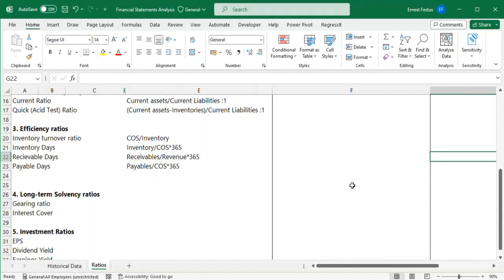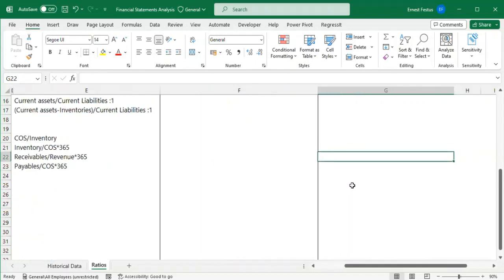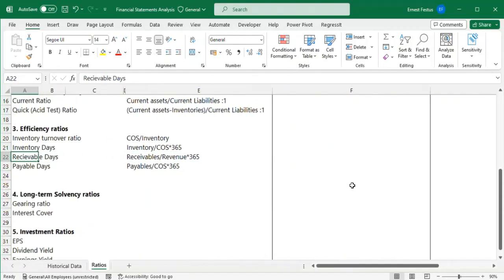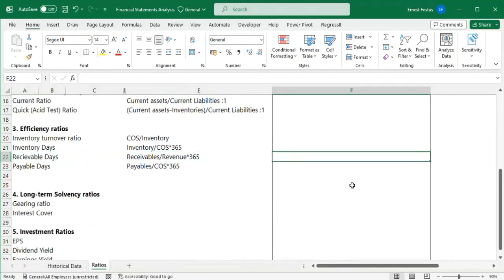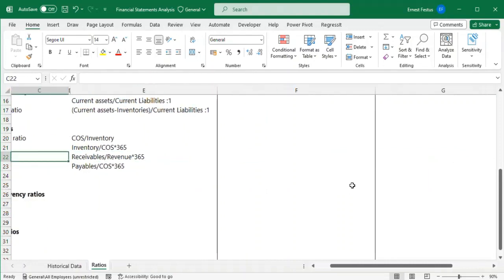Also, sometimes you have extended your credit terms too much, and that might also make your receivable days very high.